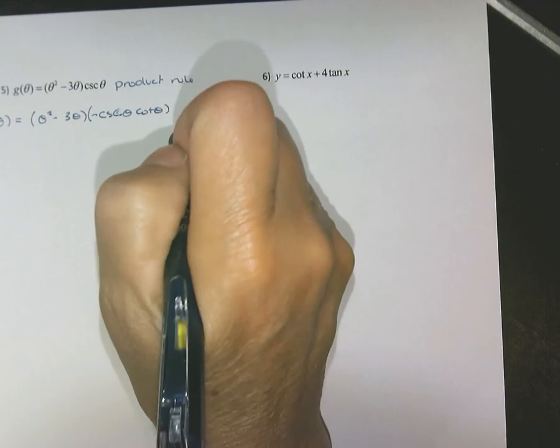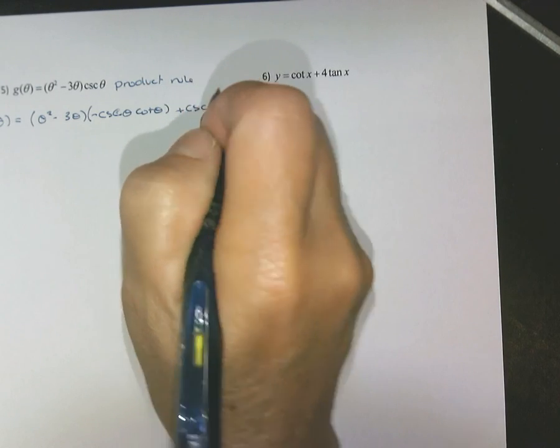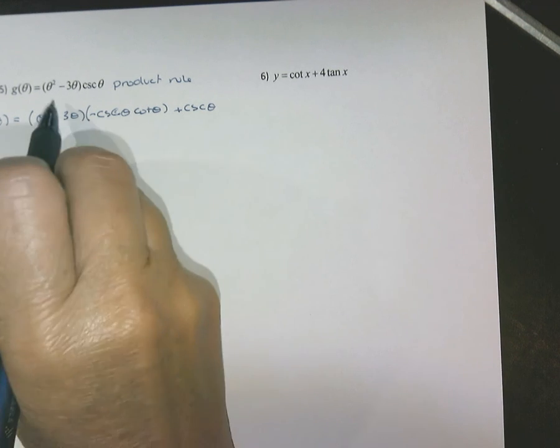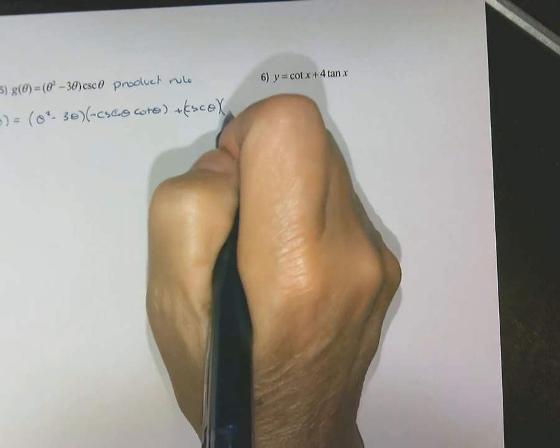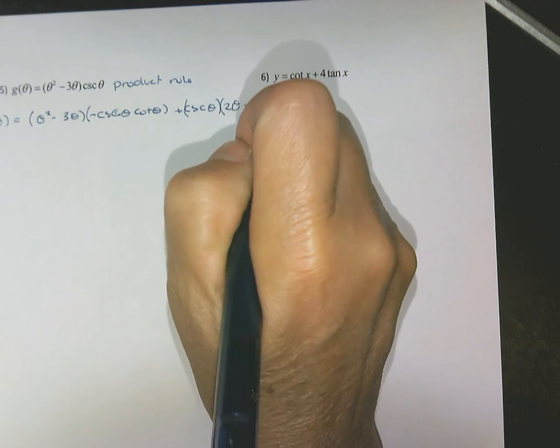Plus the second function, so plus cosecant theta, times the derivative of the first function. So 2 theta minus 3.